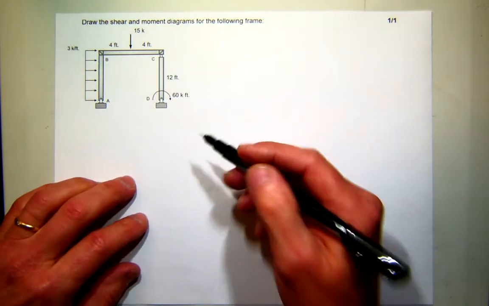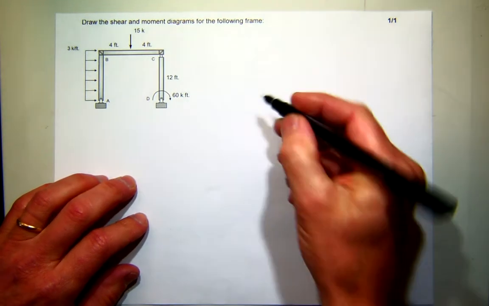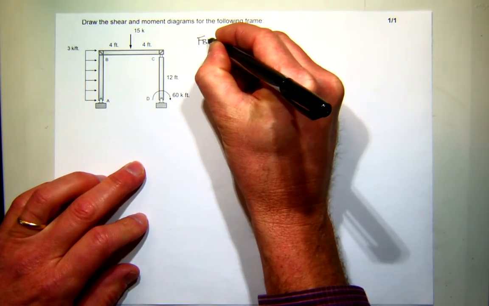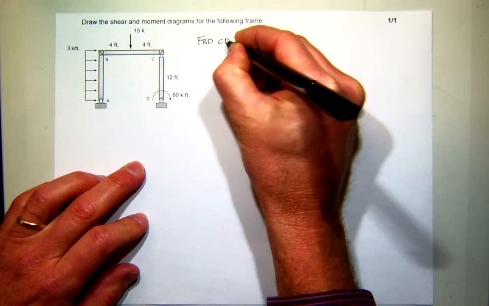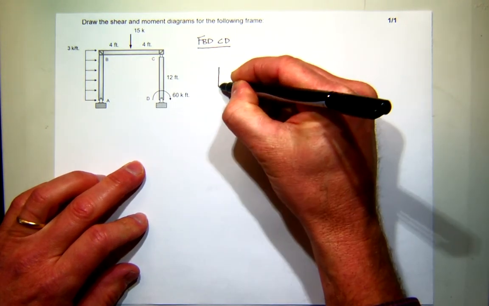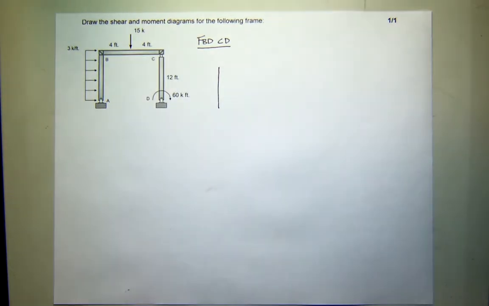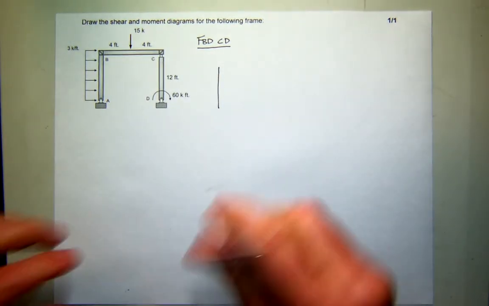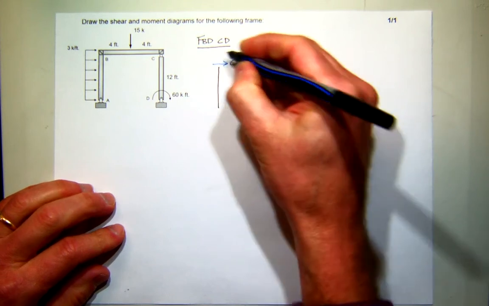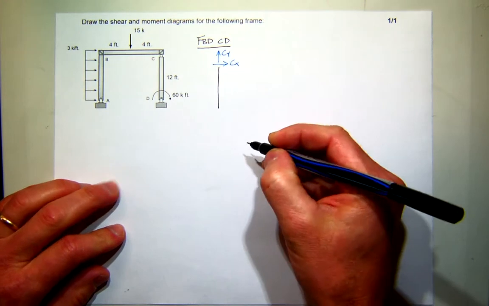Let's see. I think I'm going to go ahead and take it apart. So I'm going to do a free body diagram for this section CD. So if I were to take CD, I'm going to assume at C that I have a force in the X direction and a force in the Y direction.